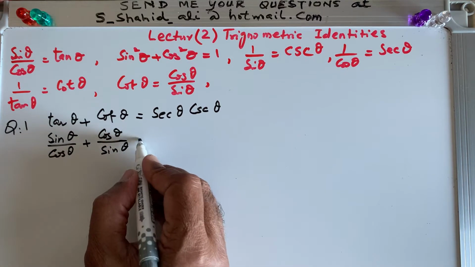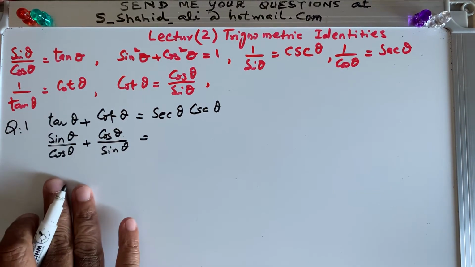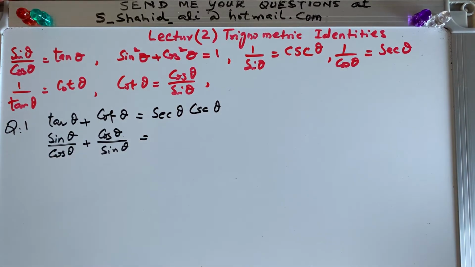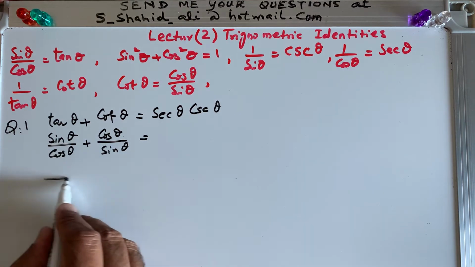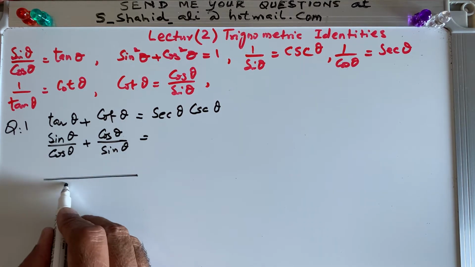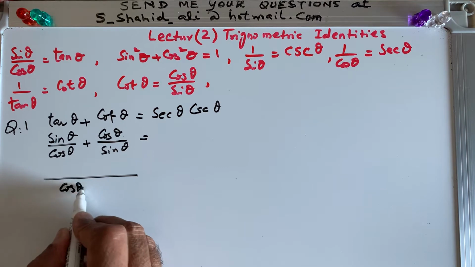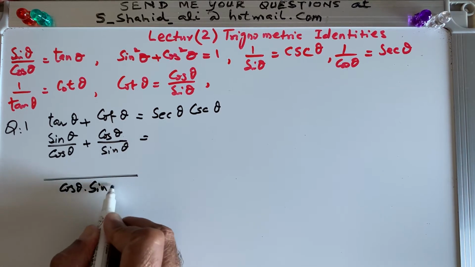We learned that, right? And we have to prove that this left side is equal to the right side. So sine theta over cos theta, in between is plus. So we have to take the LCM of these two. So that will be cos theta and sine theta.